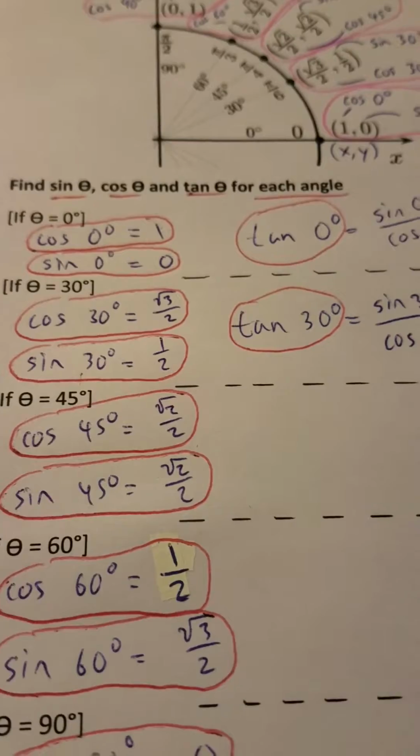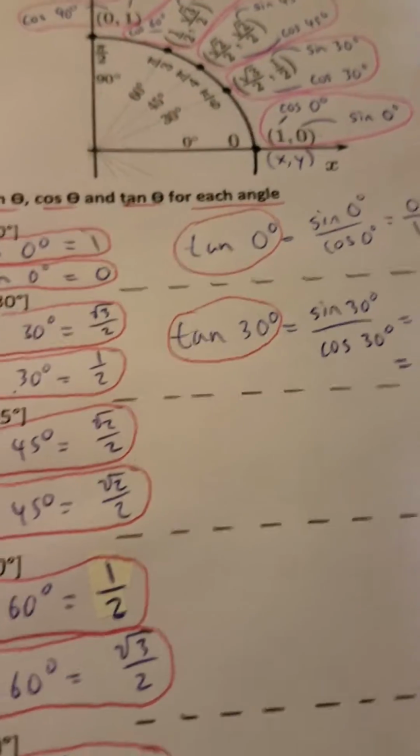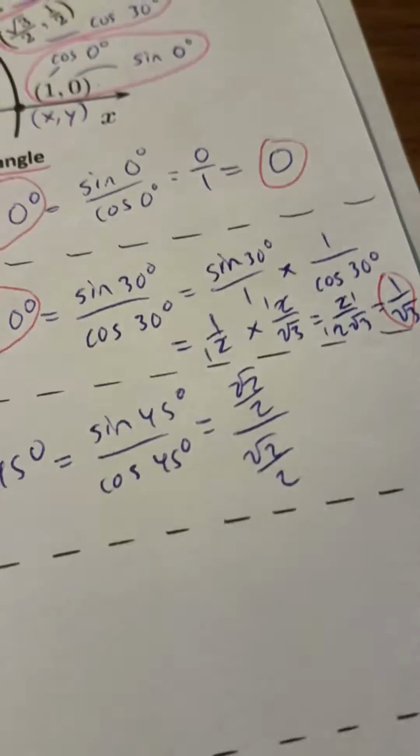Okay, next we have this one, 45, and this one's a pretty straightforward one. You'll see why. The tangent of 45 degrees equals the sine of 45 degrees over the cosine of 45 degrees. That's just going to be the square root of 2 over 2 over the square root of 2 over 2, right?